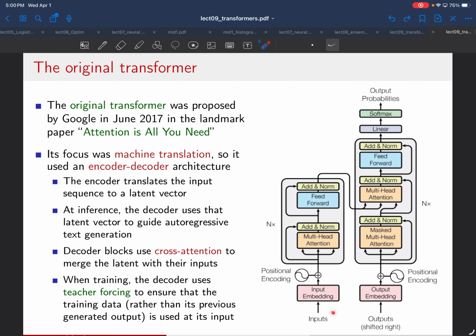So you have information coming from one language into this left path, and this part looks just like what we learned. You take your inputs, you embed them, you add positional encoding, you go through your multi-headed attention, your layer norm, your feed-forward network, your layer norm.